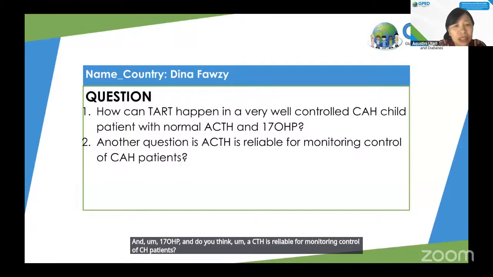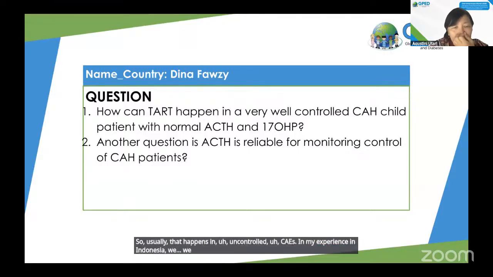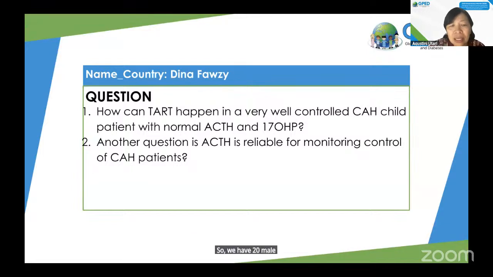So usually TART happens in uncontrolled CAH. In my experience in Indonesia, our manuscript was just accepted in GCEM. We have 20 male patients with CAH, and 25% of them have TART. The youngest patient is 4.5 years. So it's quite young.